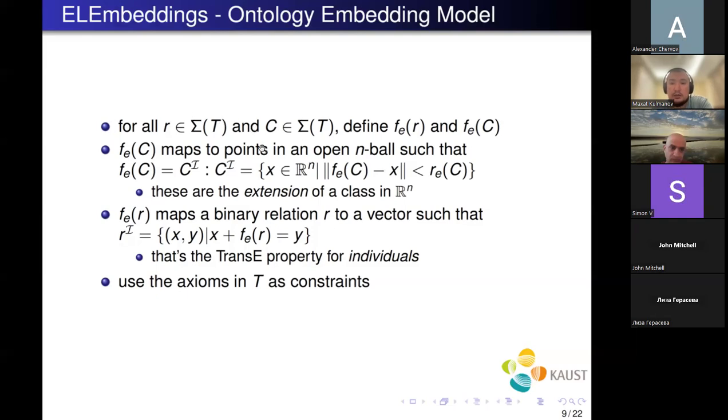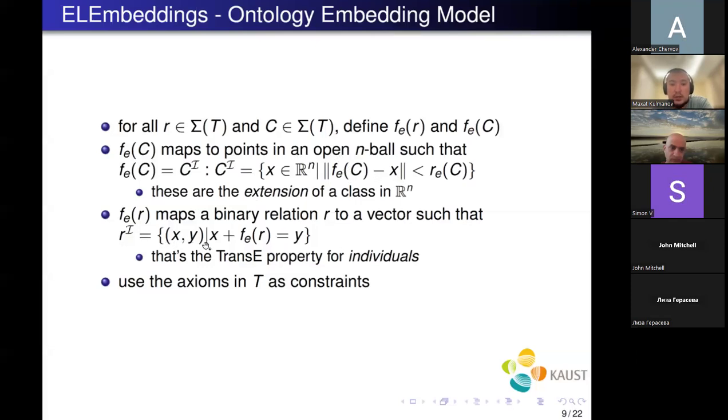But in the ontology, you have concepts, and you cannot represent a concept as a single point. So instead of a single point, we represented the classes in the ontology as an n-ball. In two dimensions, it would be a circle with a radius. The area of this circle would represent this class, and all the points in this circle would be instances of this class.